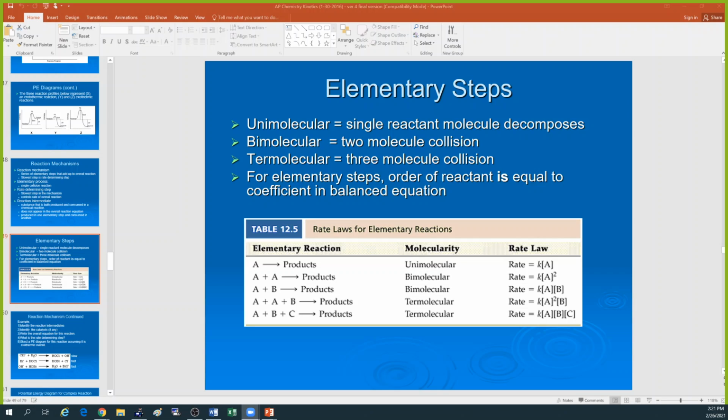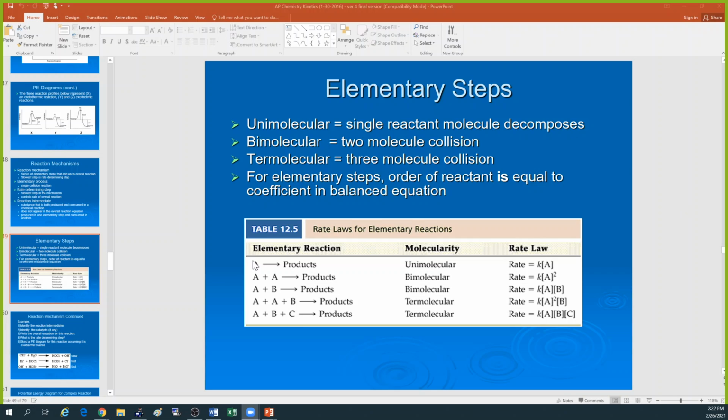What? You just said we couldn't assume. This is different. When I write a chemical equation, I can't necessarily assume it's an elementary single collision step. If I know it is, then it's going to follow the rules you see on the screen. So let me go through them and explain what's going on here. If I have a single molecule that just breaks, that's called a unimolecular reaction, meaning only one molecule is involved in the process.